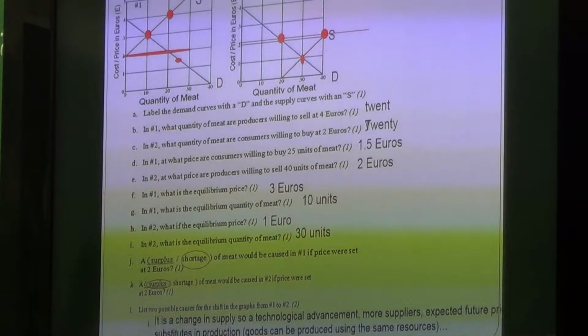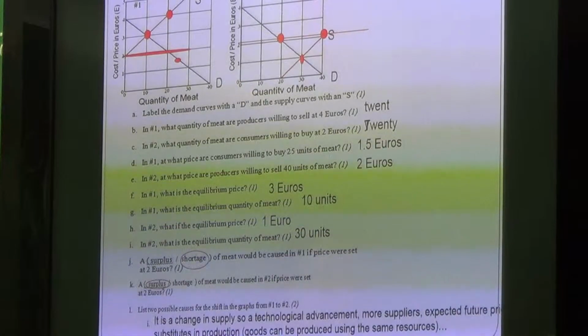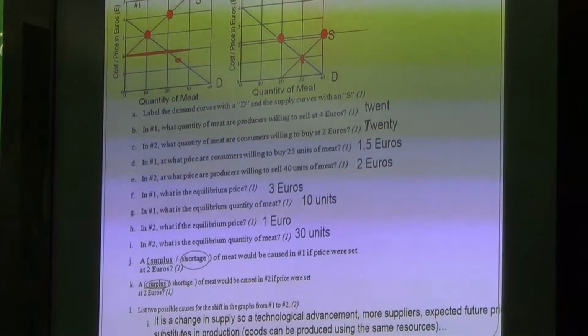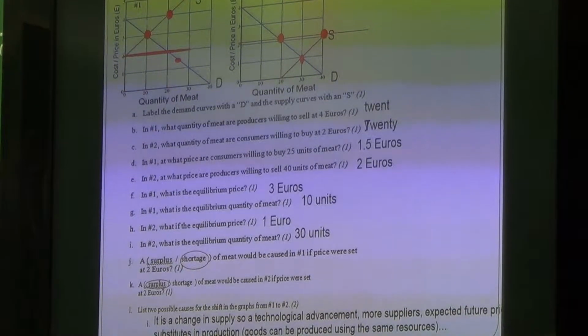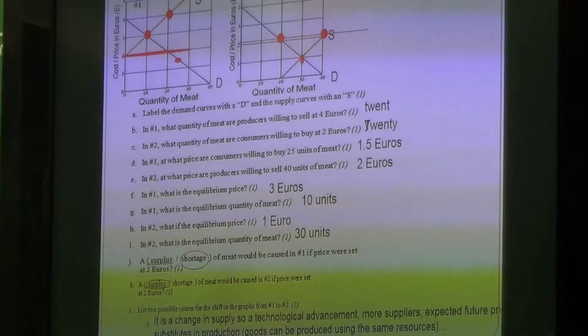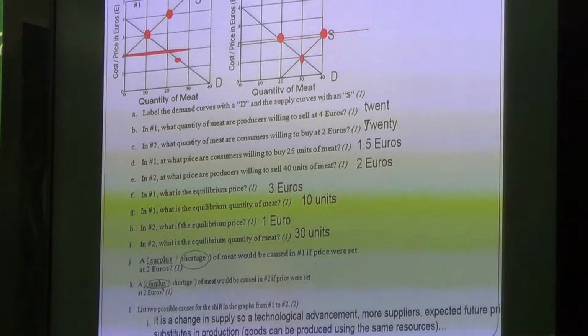So if you're better at producing something, your costs go down. You can produce more. If they expected the future price to go up, they're more willing to produce it because they're going to get a higher price or higher profit from it. If there's substitutes in production, so goods can be produced using the same resources, that would also shift the curve to the right for the supply.